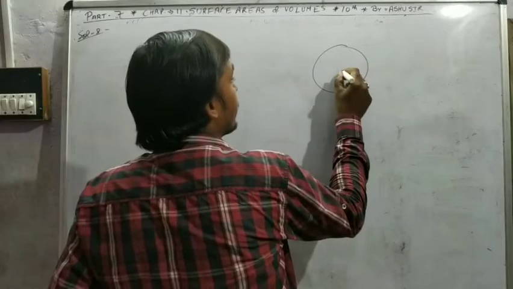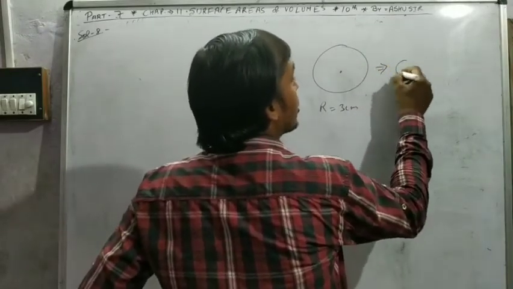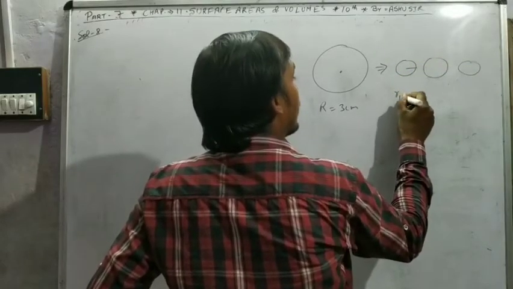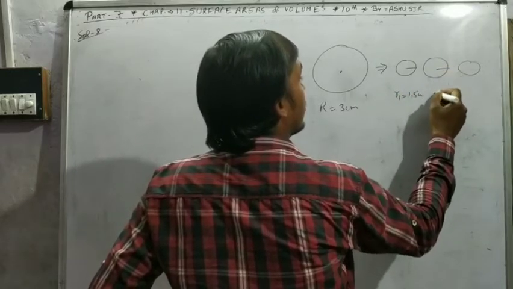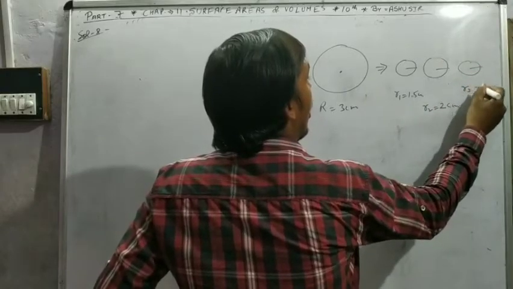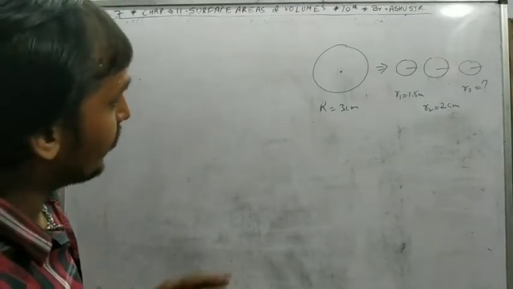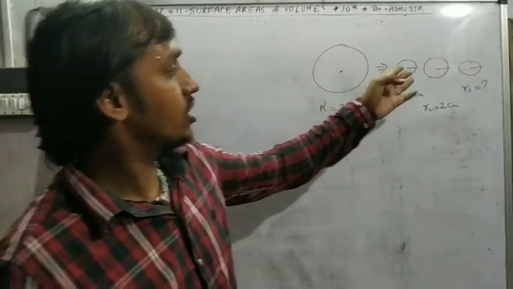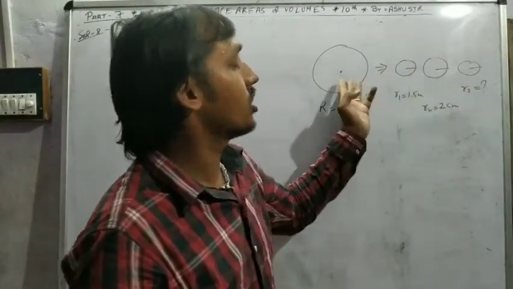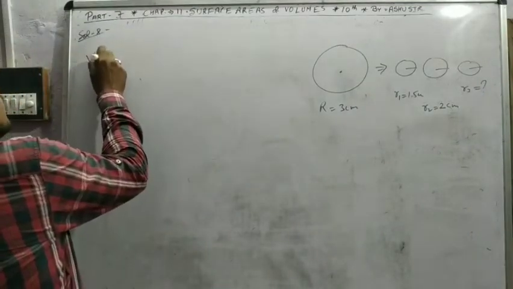Radius of 3 cm, melted and recast into 3 balls. R1 is 1.5, R2 is 2, and R3 we want to find. If this is recast to make 3 small spheres, you can say the volume of these 3 is equal to this volume, because recasting means the volumes are the same.